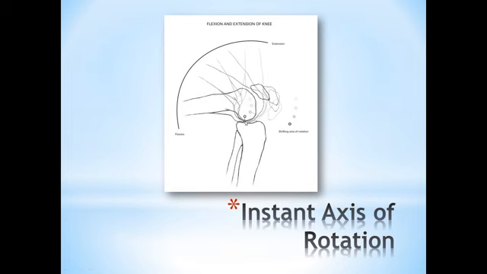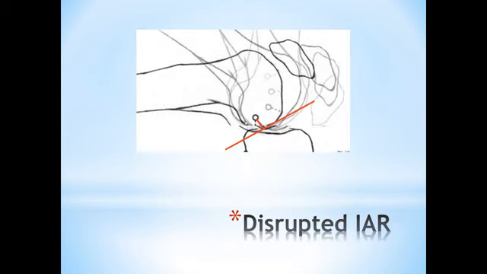So why do I care about that? That doesn't seem like it's that big a deal. The problem is, if I have a disruption, if I have a change in the instant axis of rotation, and when may I have a change in my instant axis of rotation?